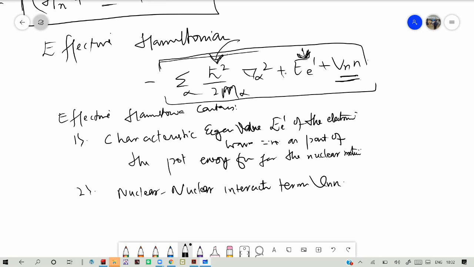That means the energy eigenvalue of the electronic wave equation acts as a potential energy for nuclear motion. So all the electrons will create a potential which will affect the nuclear motion. That is what this E dash means.